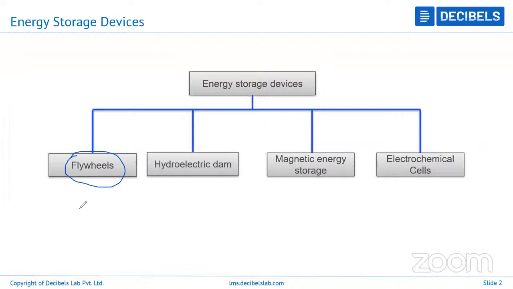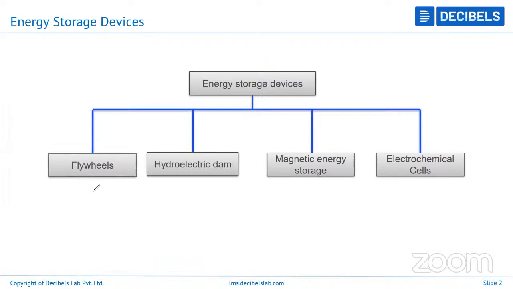One good example is in your IC engines, where flywheels store some rotational energy, and we are able to maintain the engine's performance throughout and keep it balanced. So flywheels are rotational energy storage devices.